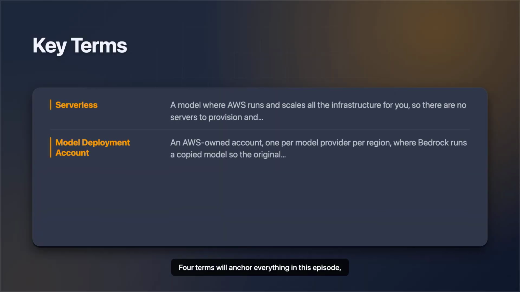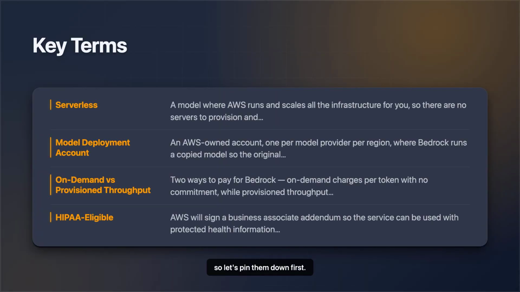4 terms will anchor everything in this episode, so let's pin them down first. Serverless means Amazon Web Services runs and scales all the infrastructure for you, no servers to provision, and on demand, no cost when you're idle. A model deployment account is an Amazon Web Services owned account, one per provider, where Bedrock runs a copied model so the original provider can't see your data.